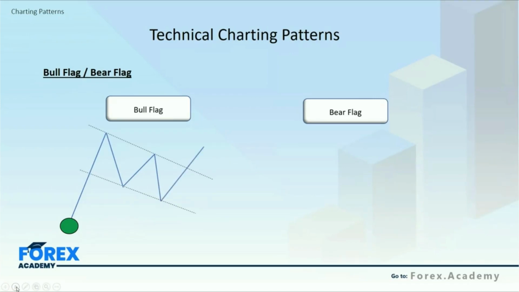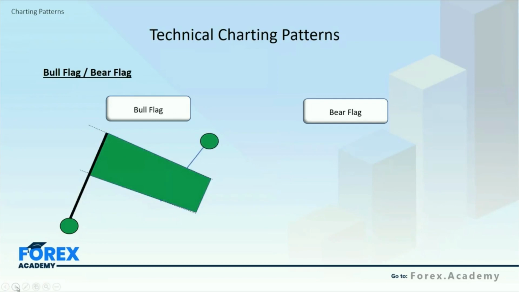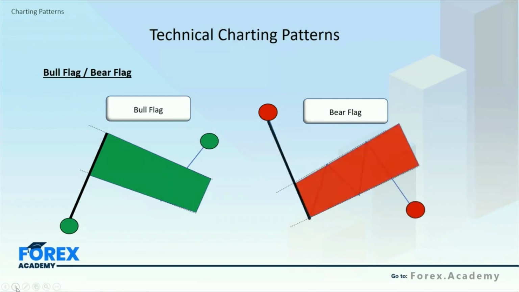The only difference is that it creates this very well-defined flag and actually trades to the upside with a continuation. The bear flag would be in the opposite direction where it trades to the downside. We see the market trade creating a wedge structure, and then we get continuation to the downside in the direction of the trend and fulfilling our bear flag structure.